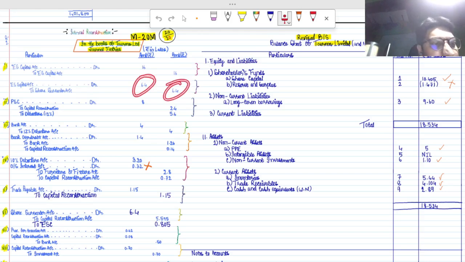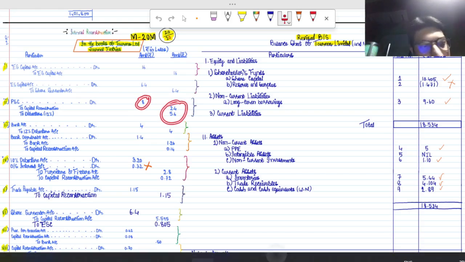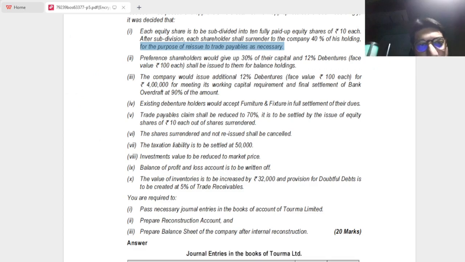6.4 lakh. The next entry was preference share capital account debit to capital reconstruction and debenture 8 lakh, and it is divided into two accounts, capital reconstruction and debenture account.